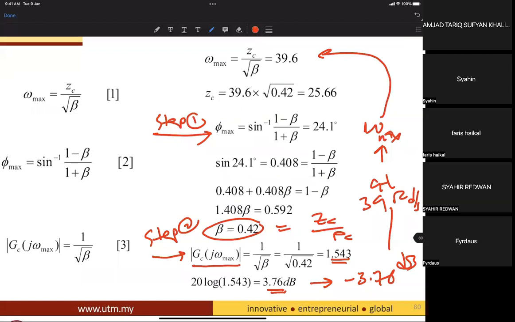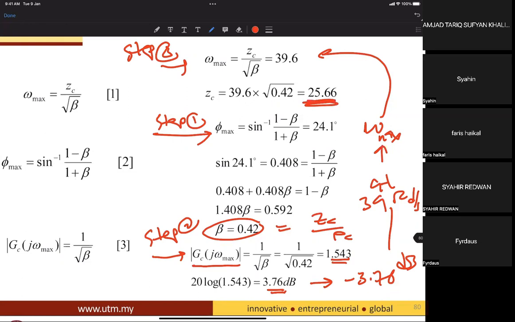Step number 3. Omega max equals ZC divided by square root beta, 39.6 or 39. So ZC will become 25.66.